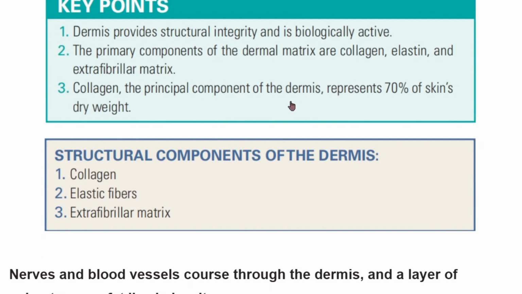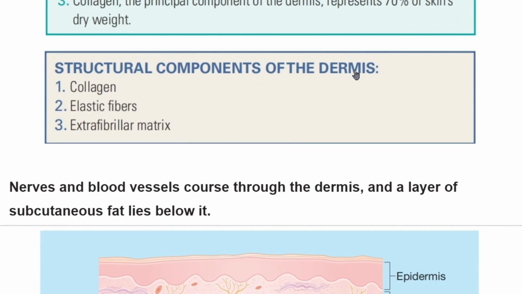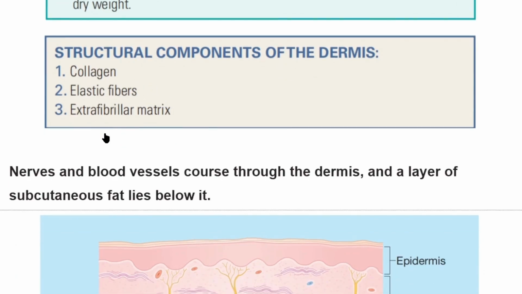Key points: the dermis provides structural integrity and is biologically active. The primary components of the dermal matrix are collagen, elastin, and extrafibrillar matrix. Collagen, the principal component of the dermis, represents 70% of skin's dry weight, and structural components of the dermis include collagen, elastic fibers, and extrafibrillar matrix.